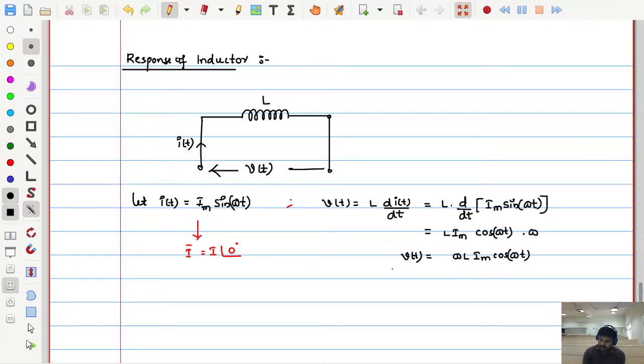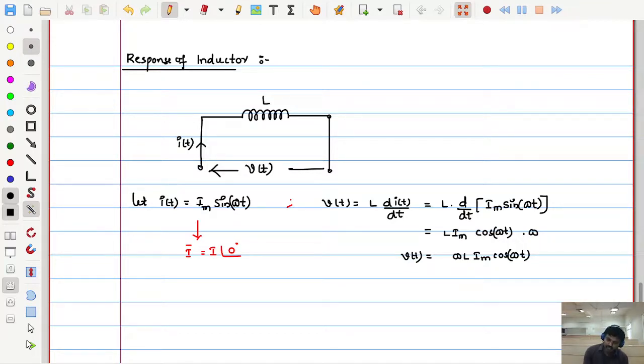But if I want to compare this voltage and current, I need to convert one into the other form. Definitely both must be either in sine form or cosine form, and preferably you can convert into cosine form.